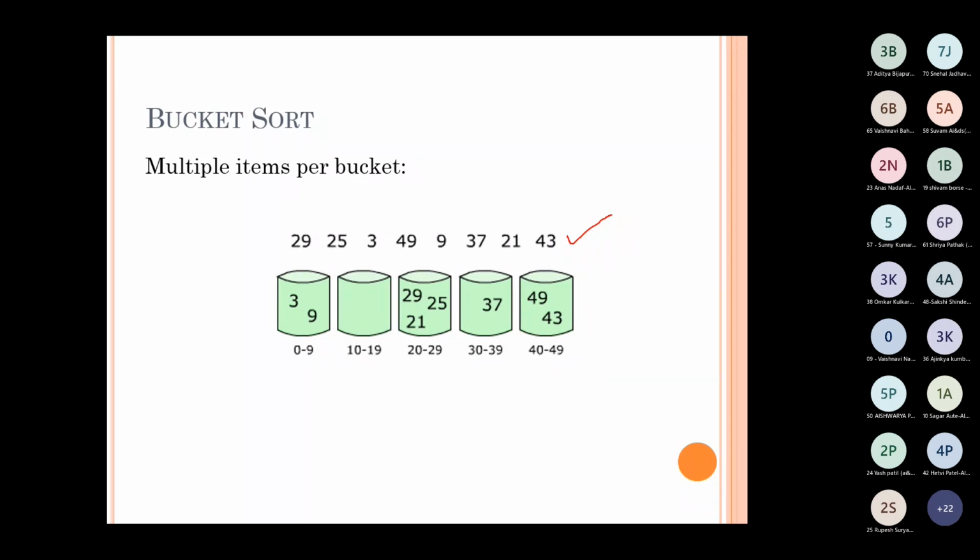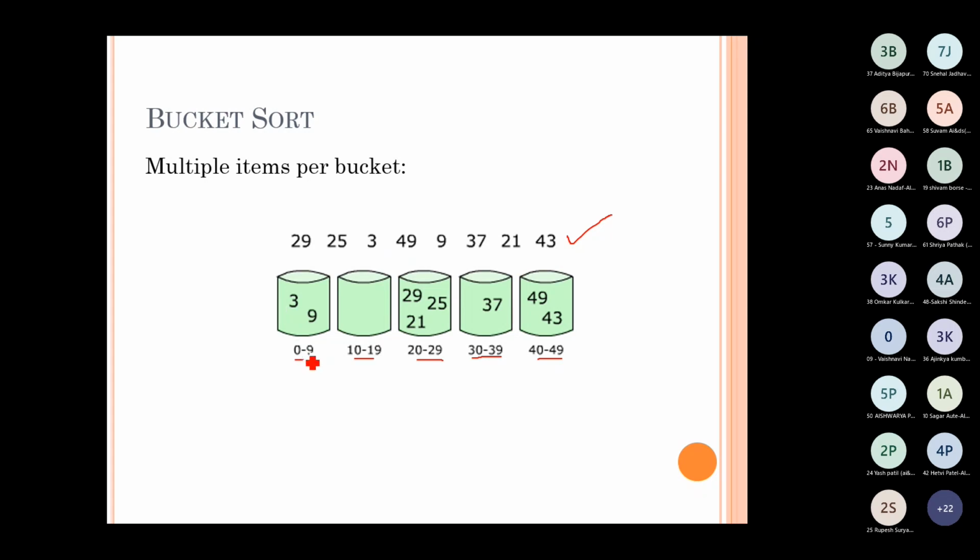Okay, so in which case are we doing this? When we want to reduce the number of buckets. Okay, so what we have decided now is, the first bucket can contain 0 to 9 elements. The second is the bucket which can contain the elements whose value is 10 to 19. Third is the bucket which can contain the values in between 20 to 29. Then 30 to 39 values, and 40 to 49, all the values will be there in the last bucket. So total 5 buckets we will be using here.